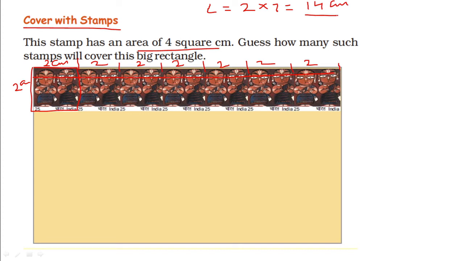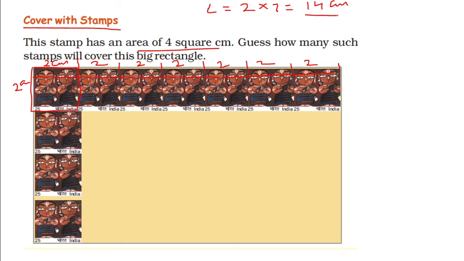What is the width of the bigger rectangle? Let us see how many stamps cover the width. 2, 3, 4. So here 2, 2, 2 plus 2 plus 2 plus 2. So the width of the rectangle is 2 into 4 because 4 stamps are covering. 4 twos are 8 centimeter.